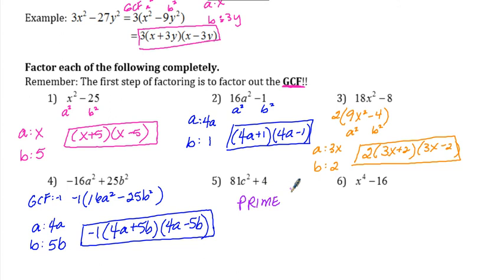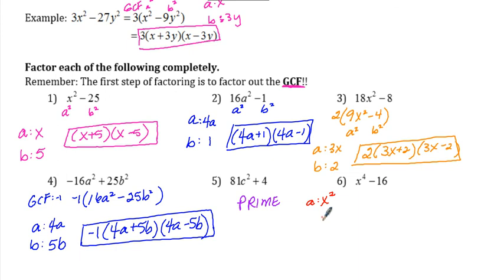Alright, that was exciting. Let's move on to number 6. Once again, we have something squared minus something squared. We do not have a greatest common factor to pull out. So let's go ahead and start identifying what got squared. So first and foremost, x to the 4th. The thing that got squared to make x to the 4th must have been x squared, because x squared squared is x to the 4th.